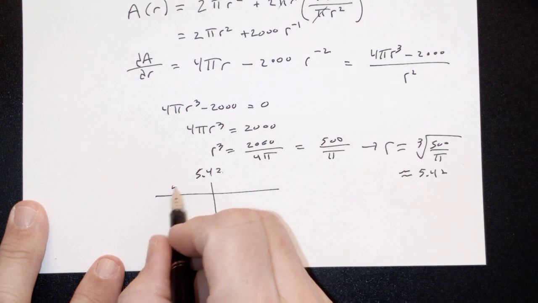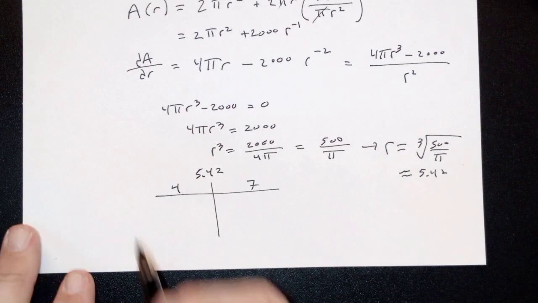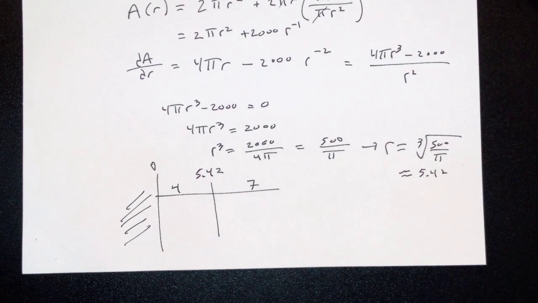So I pick a number smaller and I pick a number bigger and I go to 10. I'm not worried about anything over here on the other side of 0 because we said R had to be bigger than 0. I don't know how to make a can with a negative radius.